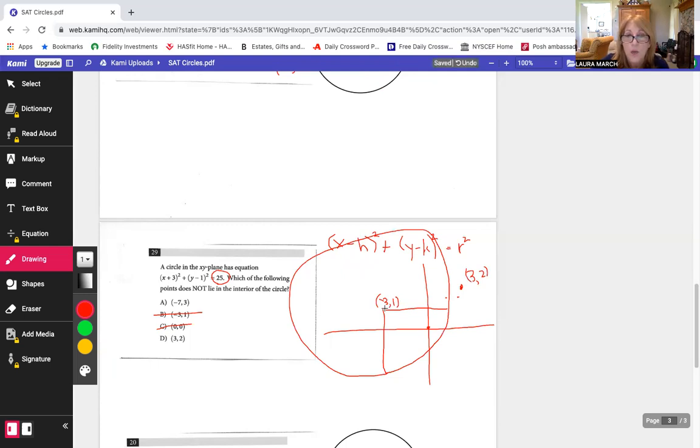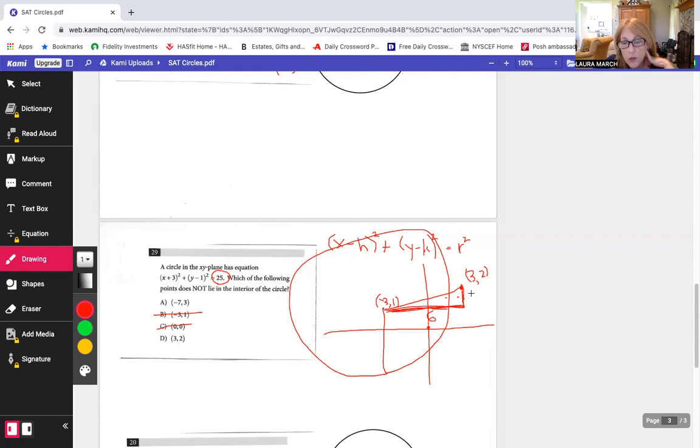And one way to do that is to see how far 3, 2 is from the center. I know my radius is 5. So if it's further than 5 away, it's outside the circle. So the best way to figure out that distance is to make a right triangle. And this leg, from here to here is 3, and here is 3, is 6.